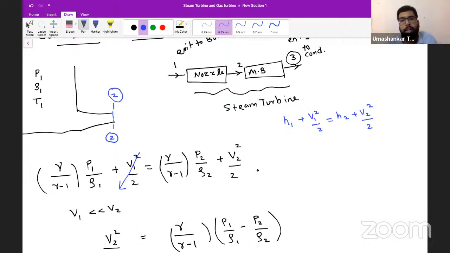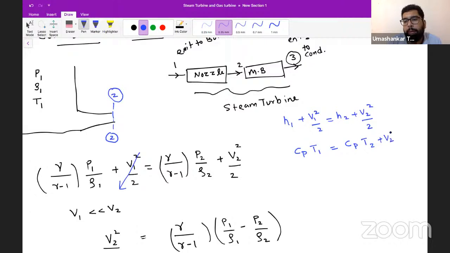You can follow Cengel and Boles, Anirban, if you want to go deeper. Otherwise, Pikenag is a sufficiently good book. So if you follow a book from the thermodynamic approach, you will find this way: a steady flow energy equation. There you can see we can write it like Cp T1, if I neglect this V1 square, so you can write Cp T2.